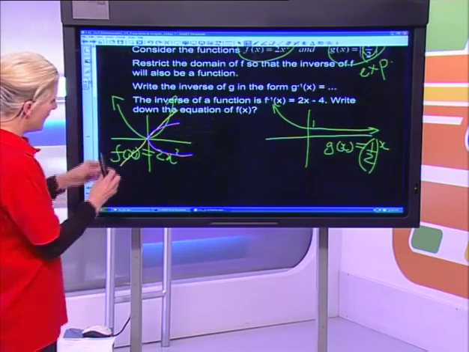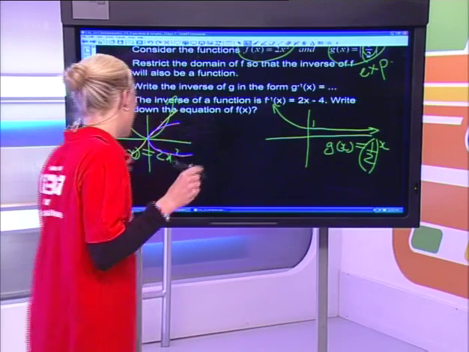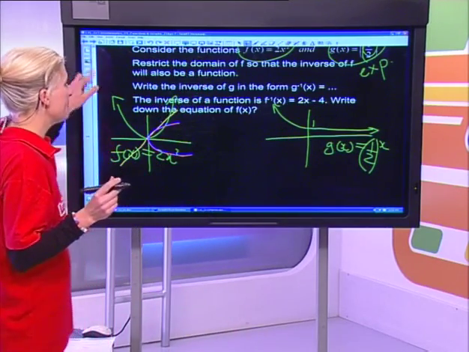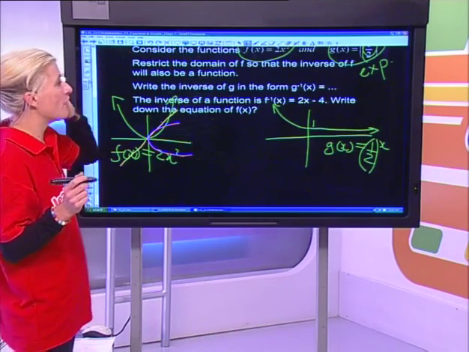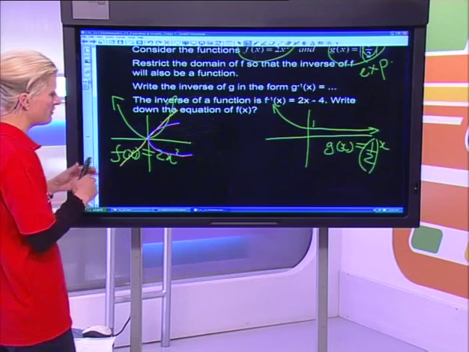However, if I now hold my ruler over the purple graph, I can see that it intersects in 2 places. So therefore, the inverse is not a function. Now, they say I must restrict the domain of f so that the inverse is also a function. Now, do you guys agree with me?